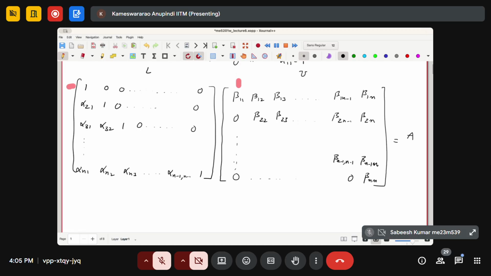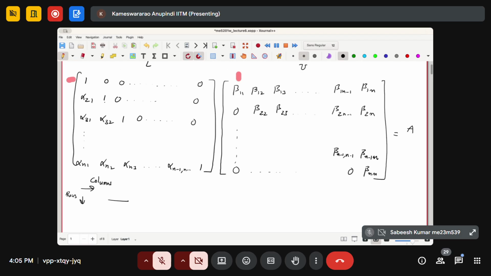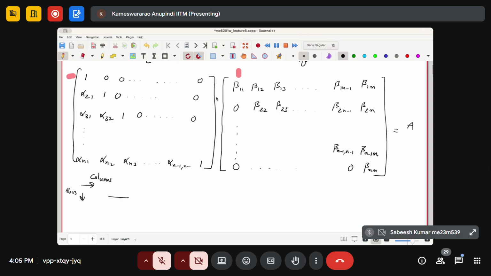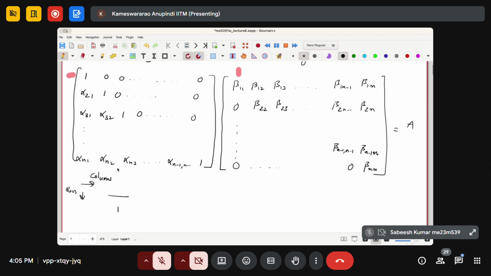So if I proceed with columns in this direction and rows in this direction, this is going to be my columns, and this is going to be my rows. Then if I look at the first column, when I multiply with the first row, I'm going to get basically one multiplication, that's 1 times beta 1 1.